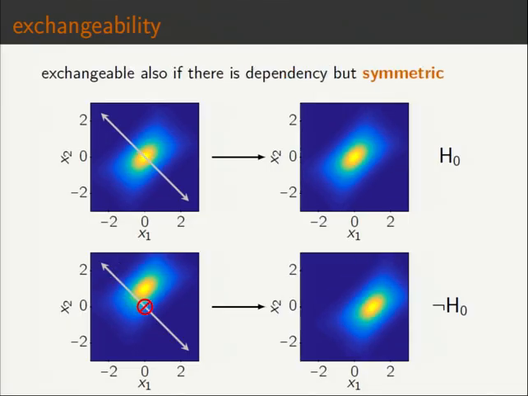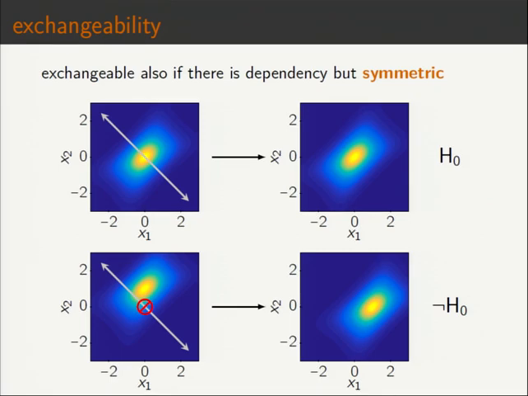Data can also be exchangeable in this simple bivariate case if they are dependent, but this dependency is symmetric. So in this case, there's a certain correlation induced between these two variables. In some marginalization, they're still t-distributed. So again, it's not simply normally distributed with a certain correlation, but of course that would also work.